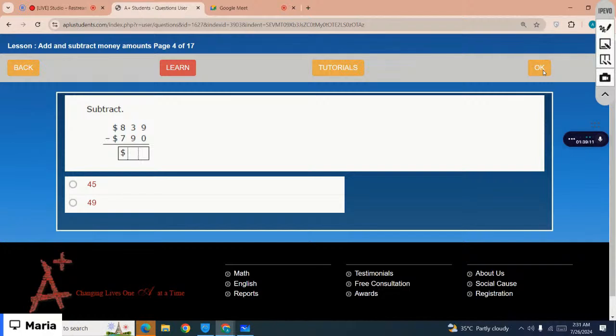Very good. The correct option is option number two. $49 is the correct option.